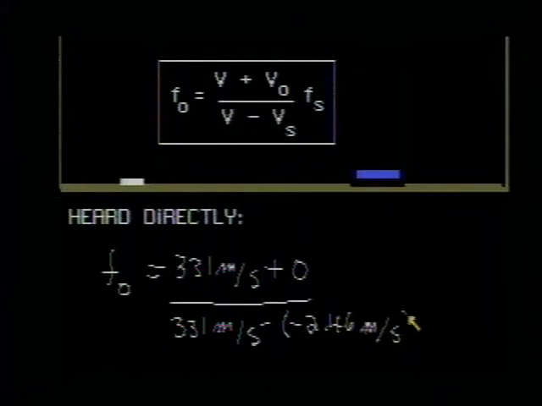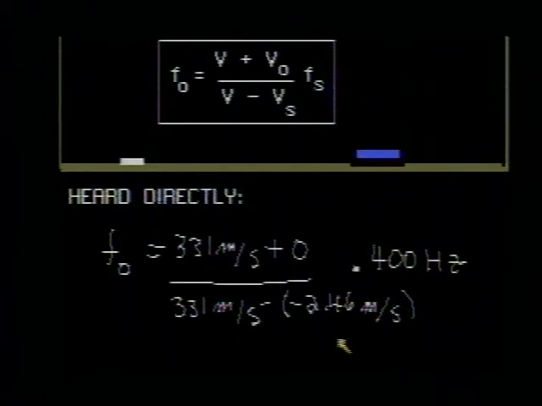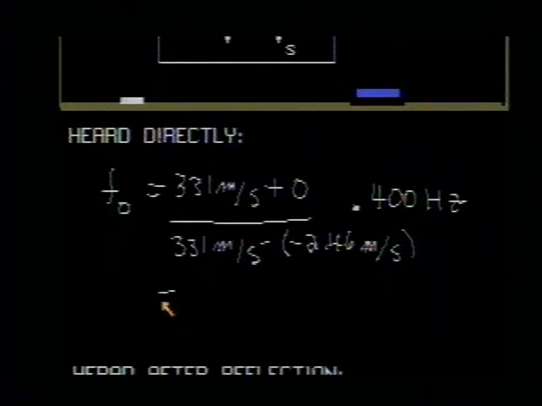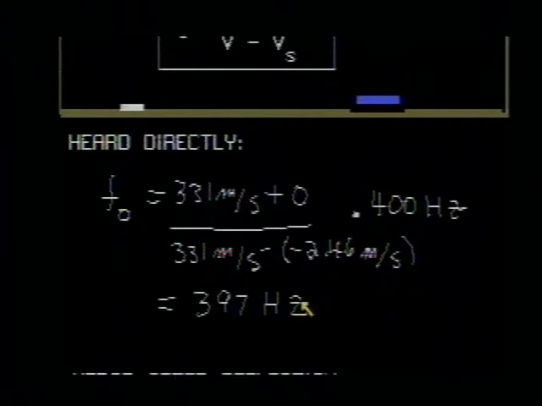And this is to be multiplied by the frequency of the source, 400 hertz. If you carry out that calculation, you should find that this gives a frequency of 397 hertz. All right, so that's the frequency heard by the child directly from the source.